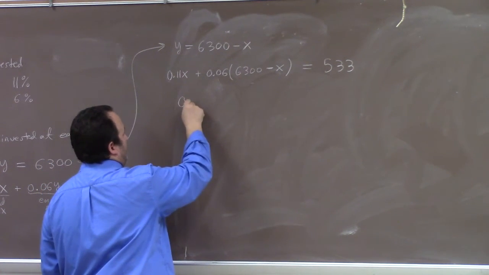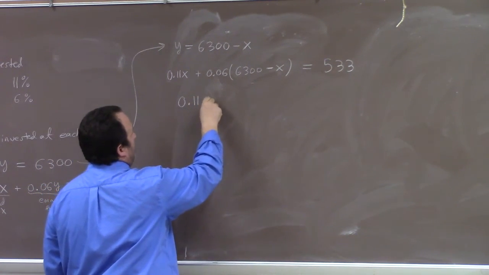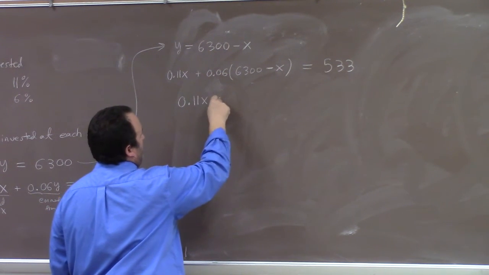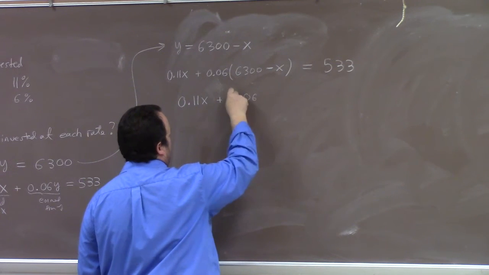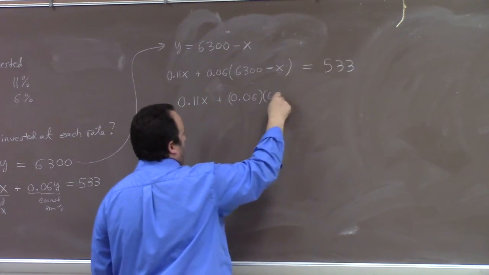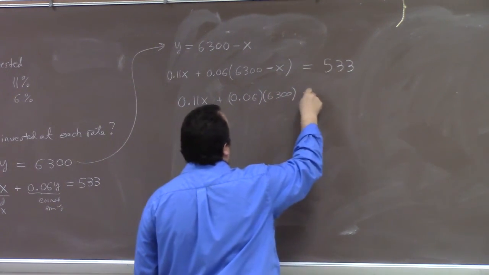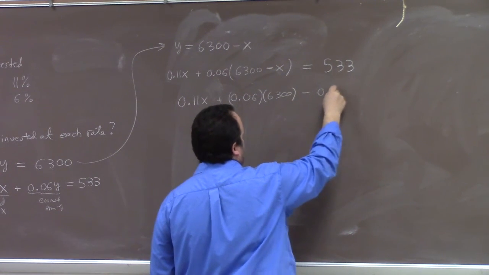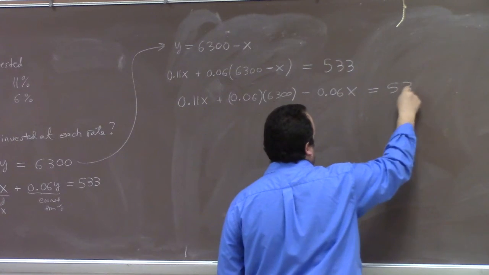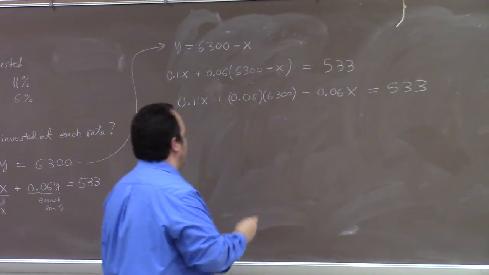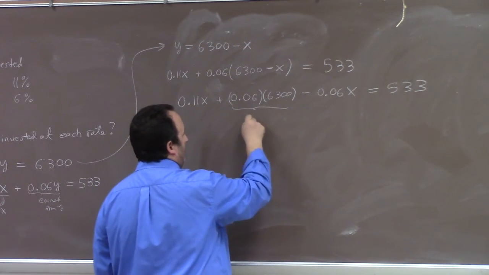So 0.11x plus 0.06 times 6,300 minus 0.06x equals 533. And what did you guys say this was? 378.